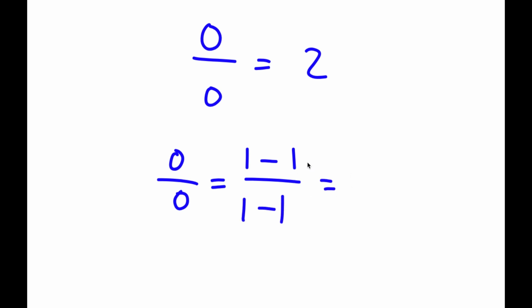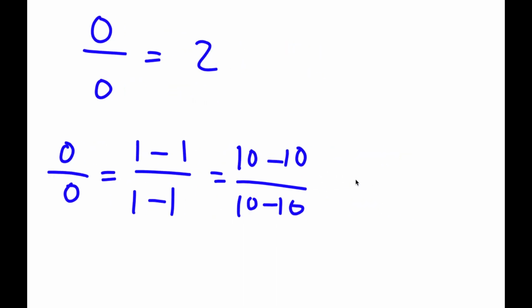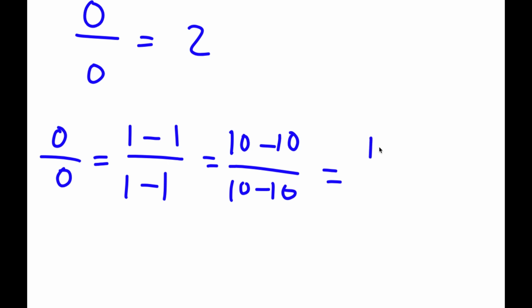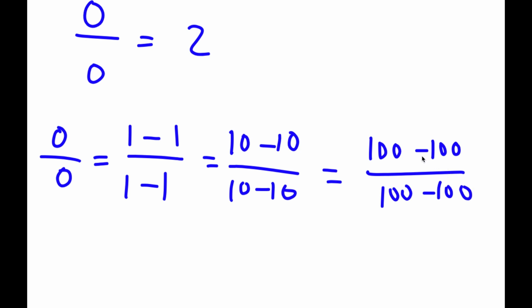And 1 minus 1 is the same thing as 10 minus 10. All of this is equal to 0: 1 minus 1 is 0, 10 minus 10 is 0. And 10 minus 10 is the same thing as 100 minus 100. So I have 100 minus 100 over 100 minus 100.